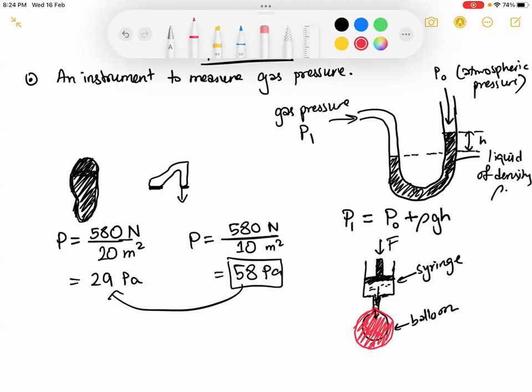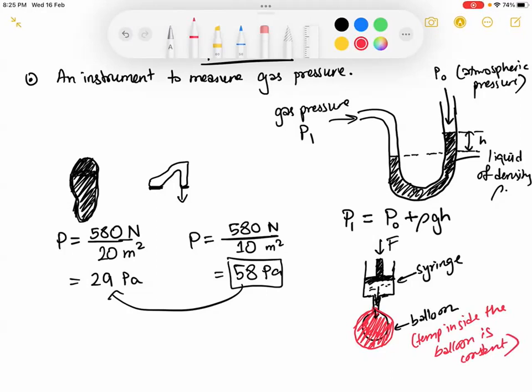When you apply pressure, when you apply certain force, there is going to be a change in volume of the gas. Okay. Now I'm assuming that the temperature inside the balloon is constant. Why?